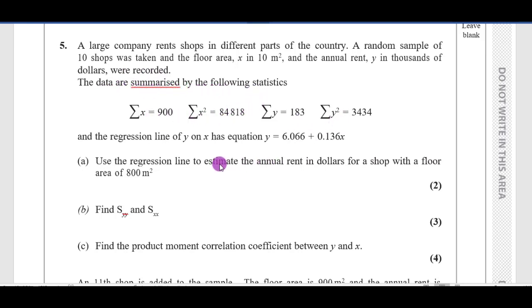This is the data, and the regression line of Y on X has equation Y equal to this value. Use the regression line to estimate the annual rent in dollars for the shop with floor area 800 meters squared.